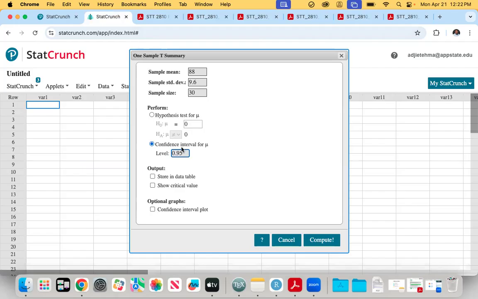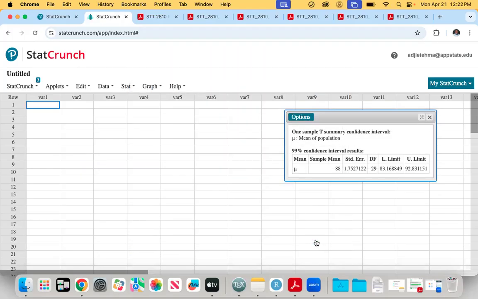So it means that here has to be 0.99, because we are looking for the 99% confidence interval. And then I'm not interested in the critical value, so I won't click that. Is that okay? I save time. I click on compute. What is the lower limit? 83.17, and the upper limit 92.83.